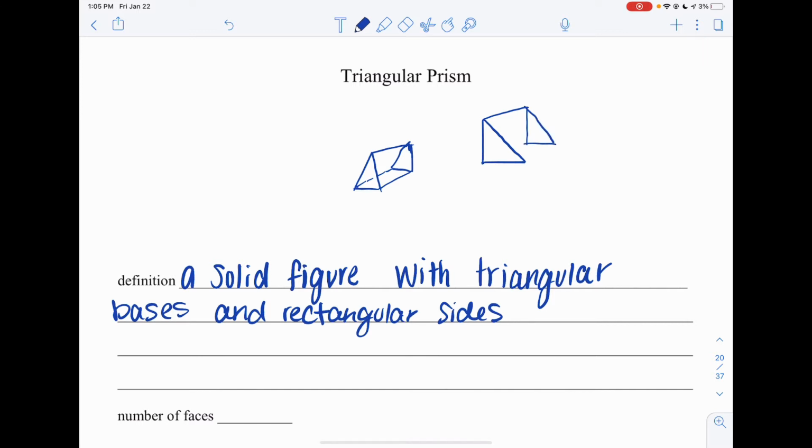So there are two different triangular prisms. The only difference between these two is that one has an isosceles triangle, the other one is a right triangle. But other than that, there's no different way to solving these. They have the same amount of faces, same amount of attributes, so nothing really changes within that, okay?